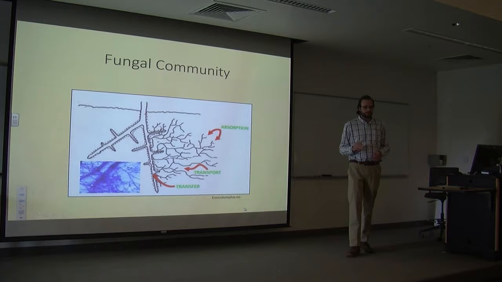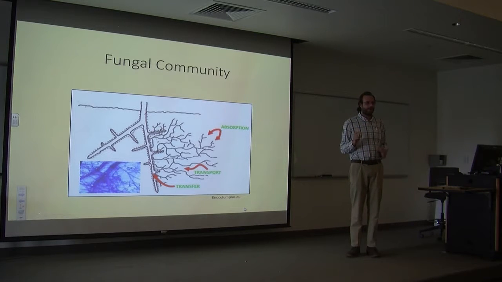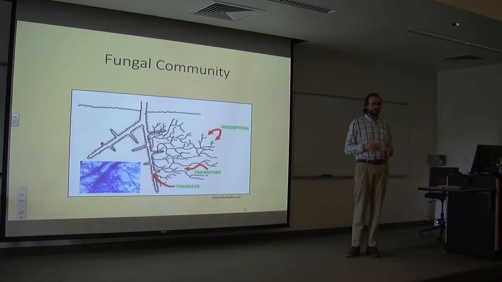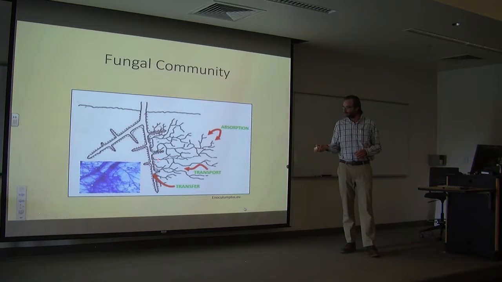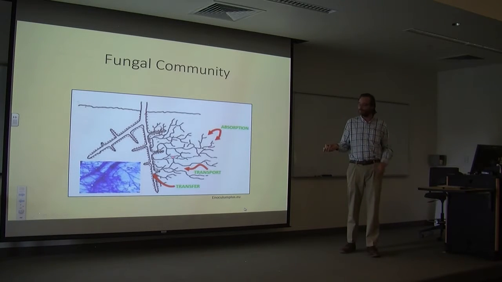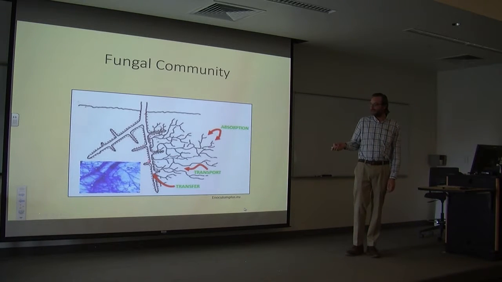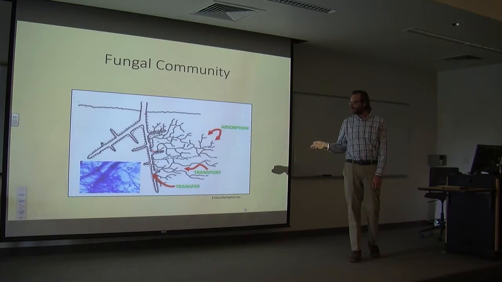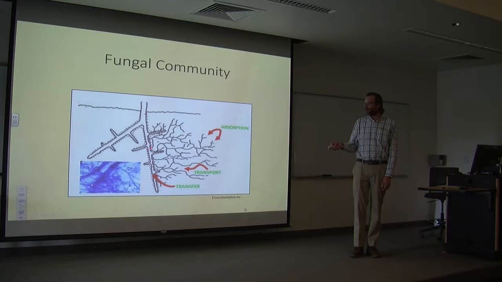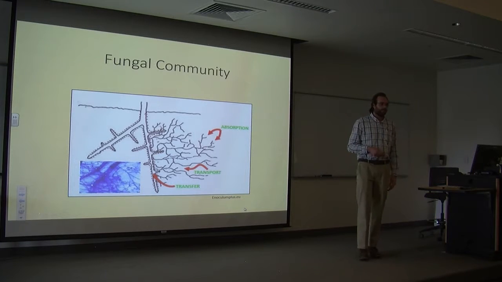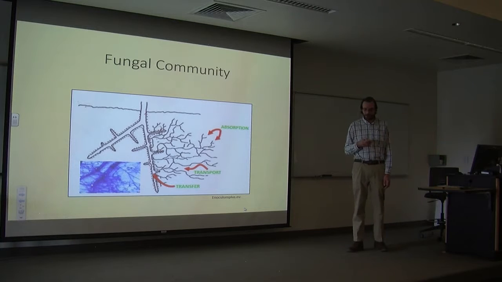But also, because the parasite dwarf mistletoe takes carbon from the tree, the fungus also takes carbon from the tree. So it's going to be getting less carbon off the roots. So there's going to be competition for carbon there at the roots, which can also affect the community structure out here in the soil, which we're going to investigate.